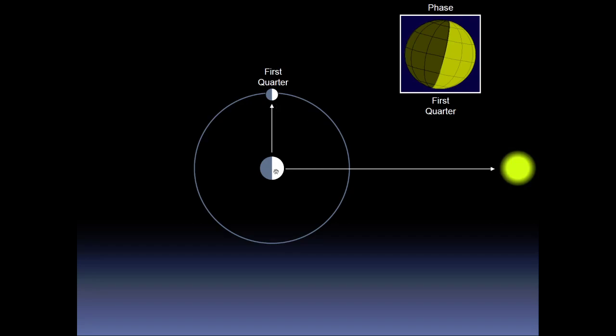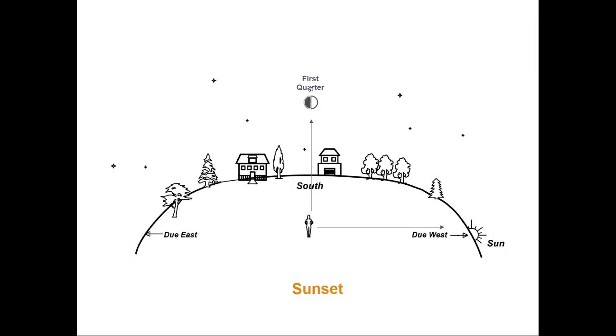And then this is the third circle that you would draw, and you would tell me when it rises and when it transits and when it sets. So you can see the first quarter is exactly 90 degrees from the sun. It does not matter where the sun is in the sky, but that is where first quarter is.